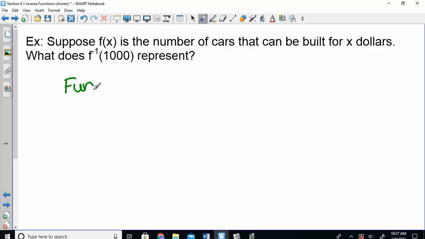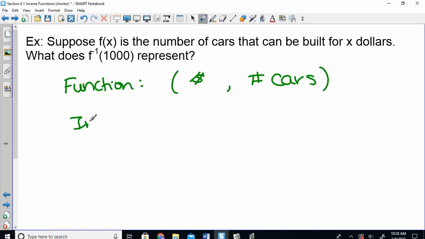So that's saying in the original function, my x was the dollars and my y was the number of cars. So in the inverse, what happens to those ordered pairs? They flip. So in the inverse, the x is the number of cars, and y would become the dollars.